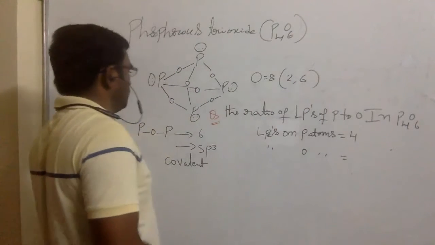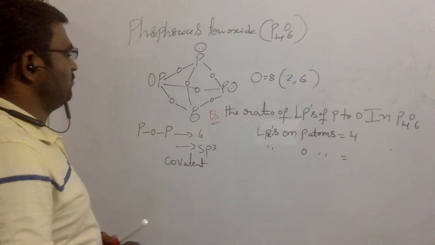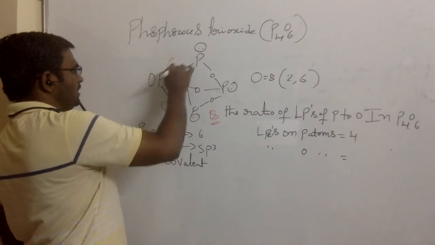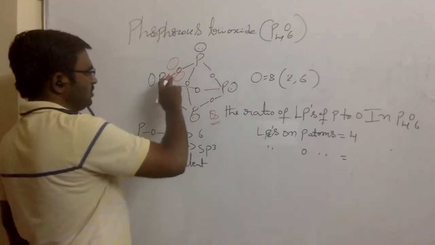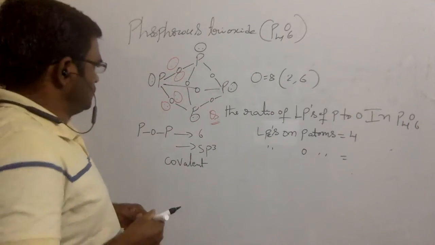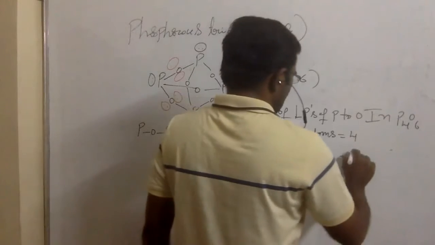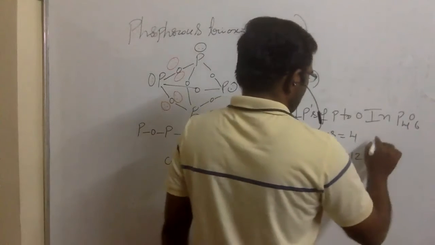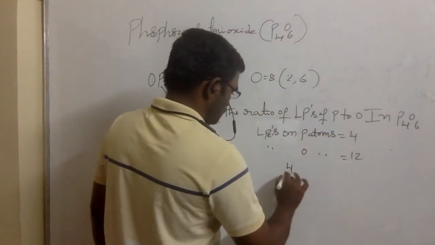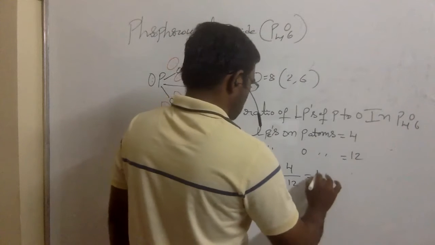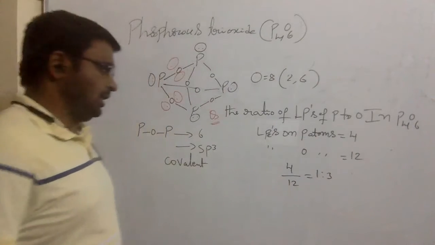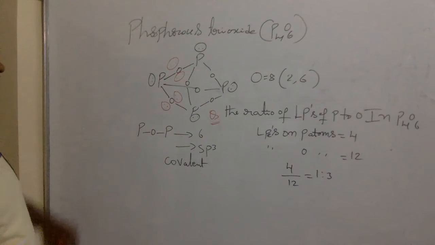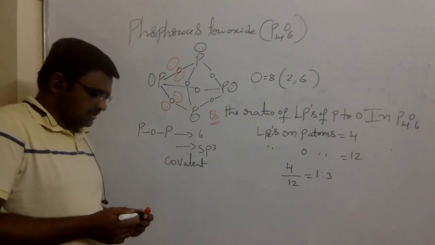Out of the 6 valence electrons, 2 electrons are bonded with 2 phosphorus, and the remaining 4 electrons are non-bonding electrons, called lone pairs. So each oxygen has 2 lone pairs. Totally 6 oxygens, 6 twos, 12 lone pairs are there. So the ratio of lone pairs of phosphorus to oxygen is 1:3.